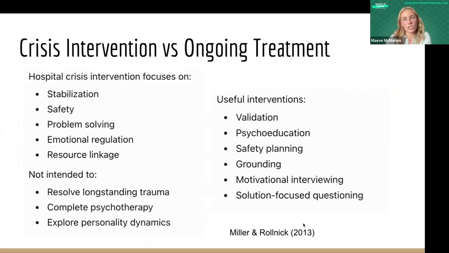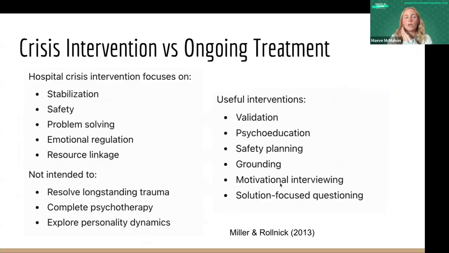So, crisis intervention versus ongoing treatment. A lot of the time, what we're doing in the hospital, like we talked about earlier, is crisis intervention. So we are getting called in when there is a big situation going on, and it is our job to stabilize that situation.